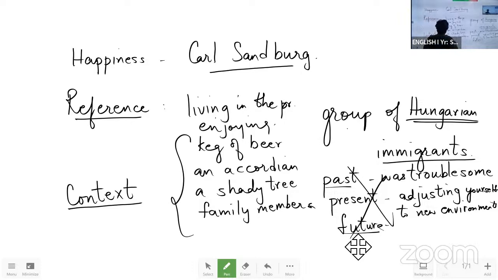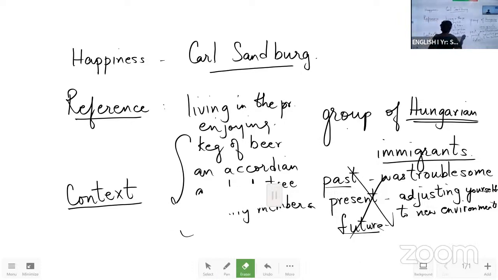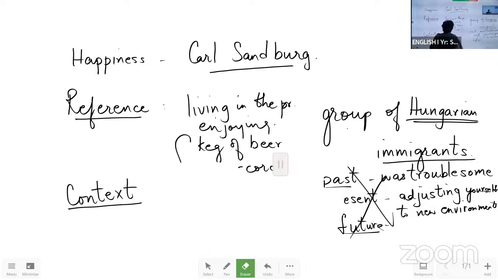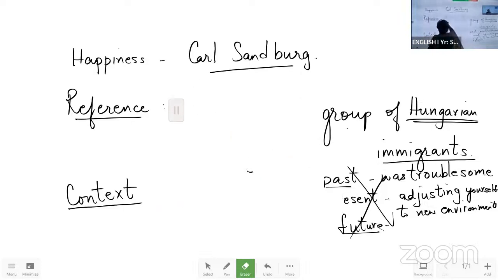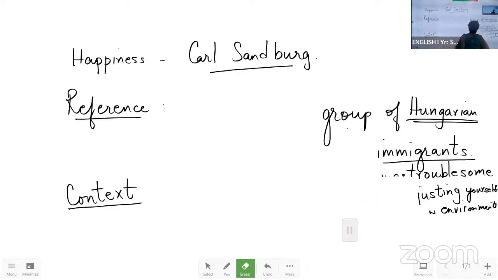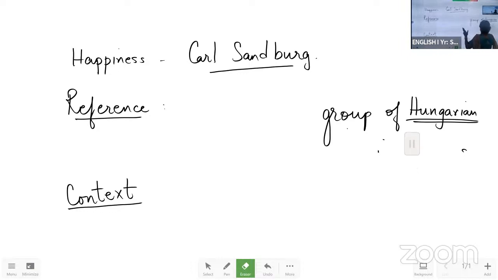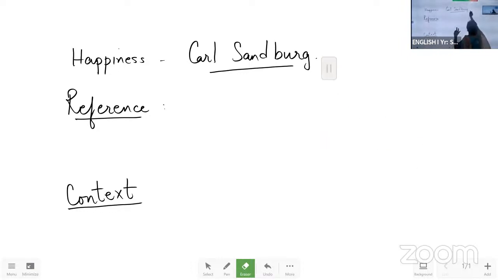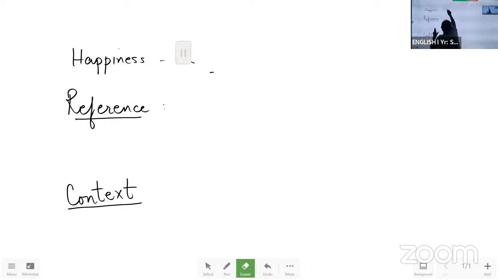So this is how you go about writing, children. Like I said, everything should be clear, and more than anything, underline, highlight the words. This is how you go about writing an annotation.